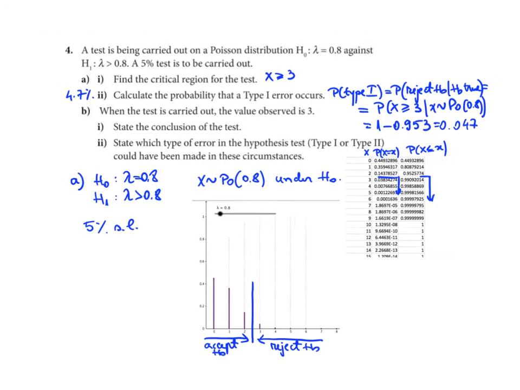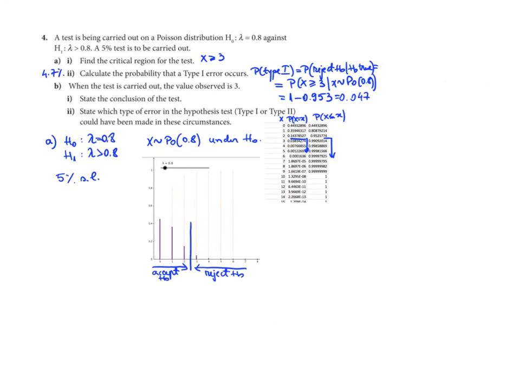Let us now look at question B, where it states that now the test is carried out and the observed value is 3. The observed value is 3, so it's in the rejection region. Therefore, the conclusion of my test is that I reject H0.